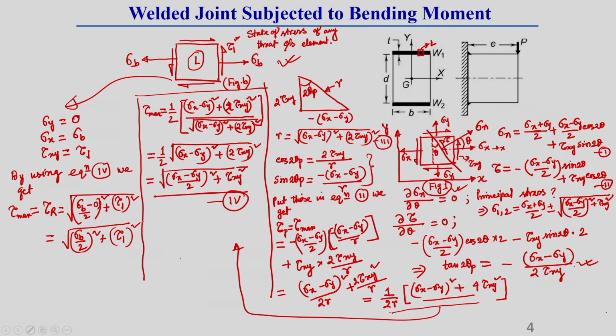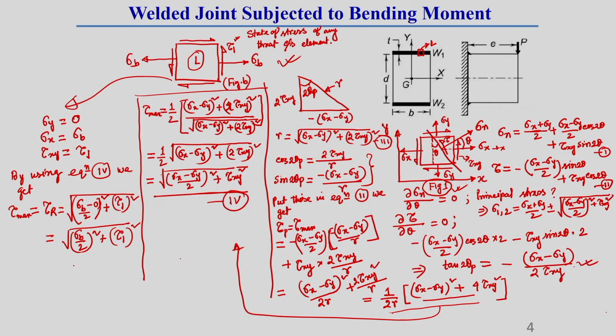So, this way we can easily find out the resultant, or maximum shear stress, due to this combined effect of bending moment and force P. Due to this bending moment and force P, in the weld throat of any element of this weld, the resultant shear stress will be sigma b by 2 whole square plus tau 1 square.